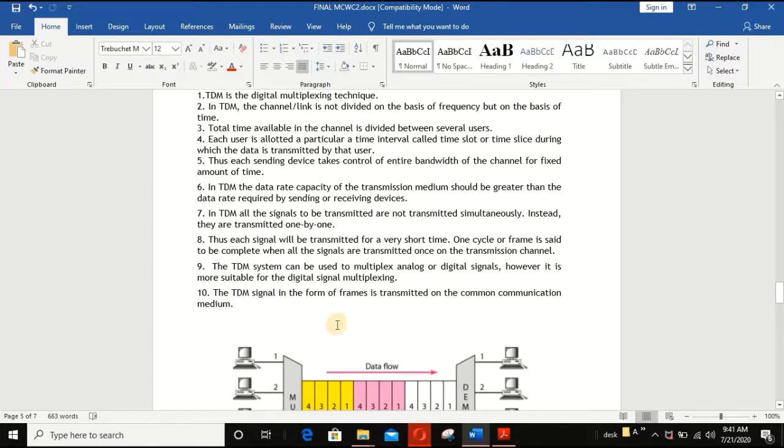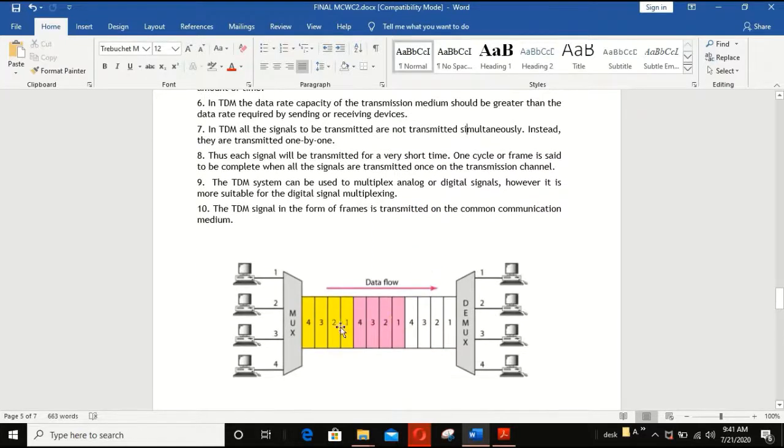The TDM signal is in the form of frames that are transmitted on the common communication medium. Here is the figure of time division multiplexing. Here the number of users is 4 and we are using a multiplexer. Each and every user has a particular time slot divided for the transmission or data flow, and at the receiving side we require a demultiplexer to get the output.